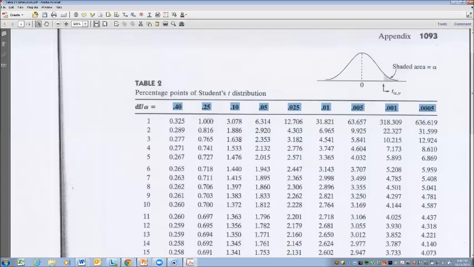So let's say I had a situation where I had 5 degrees of freedom, and I wanted to know what the t value was that went with a 5% area in the right-hand tail.